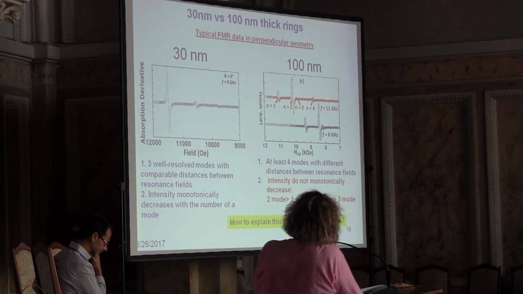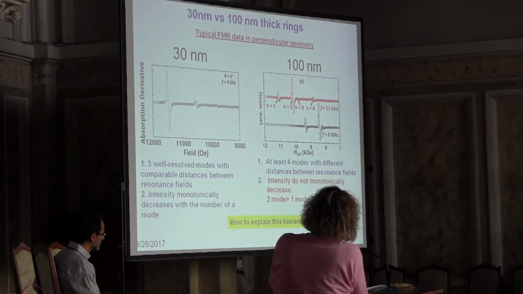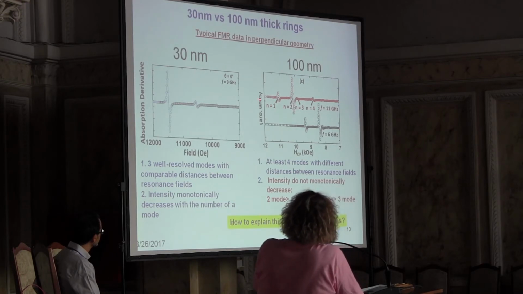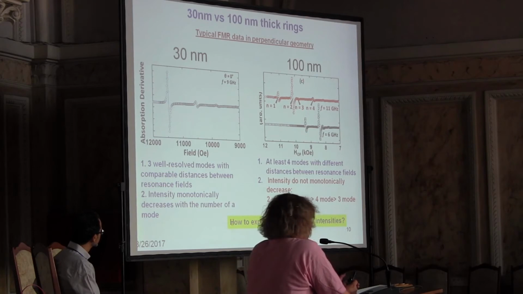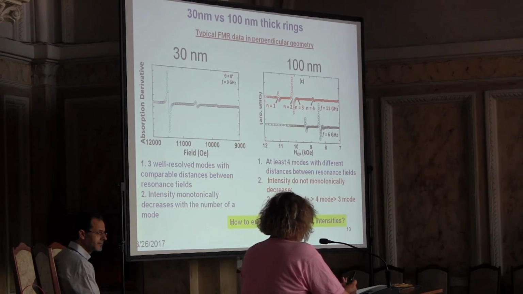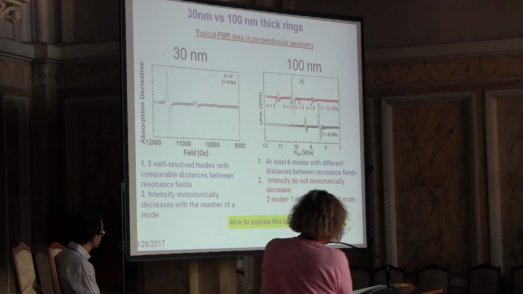Well, when it's thicker, it's absolutely different. As you can see, here we have 4 peaks, and intensity doesn't monotonically decrease with decreasing field. What does it mean? It means I have an additional headache: not only to explain the dependence of frequency on the external field, but also to explain this strange hierarchy of intensities.